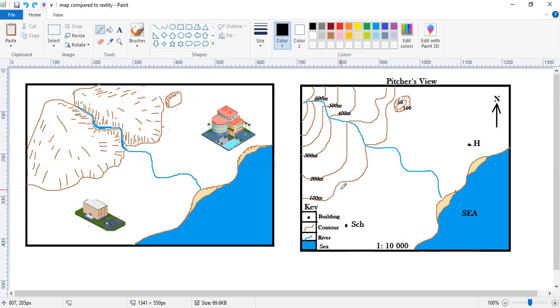The vertical interval is the amount that you're going up by. So in this case, we are going up by 100. So it starts at 100, then 200, then 300. So the lines are increasing in value by 100 meters.